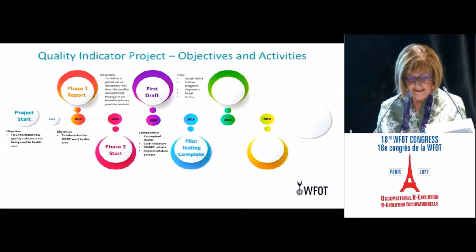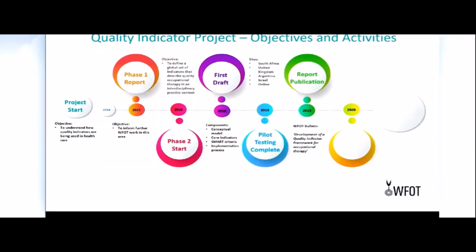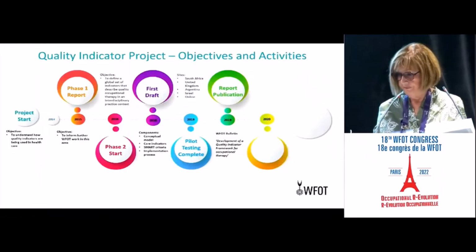Then we move on to pilot testing. Pilot testing of these elements was conducted in 2018 in sites around the world. In 2019, a report was published on the initial work of the project team, followed by a formal launch of the project that was renamed Quest, the Quality Evaluation Strategy tool.